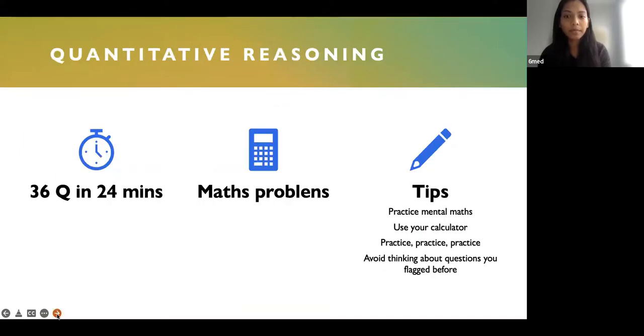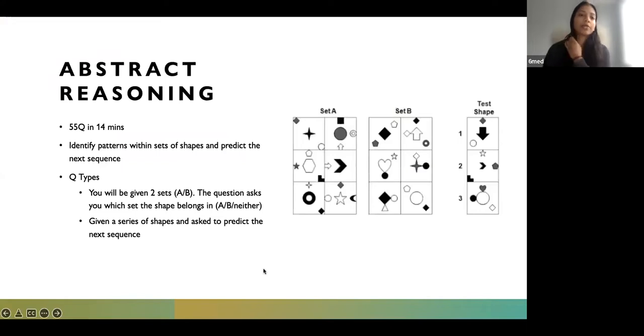Let's move on. So abstract reasoning. You get 55 questions to do in 14 minutes. So this is the one which you have the least time in. And you basically need to identify patterns within a set of different shapes and predict the next sequence. So they'll give you something like, this is set A and this is set B. And then the test shapes on the right-hand corner, those are the three ones you're looking at.